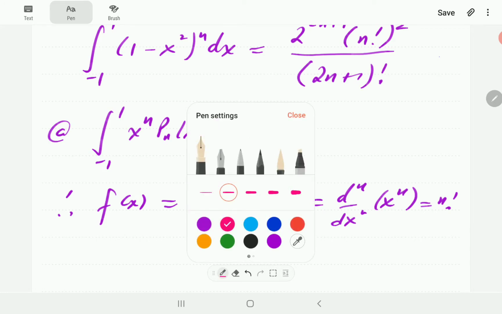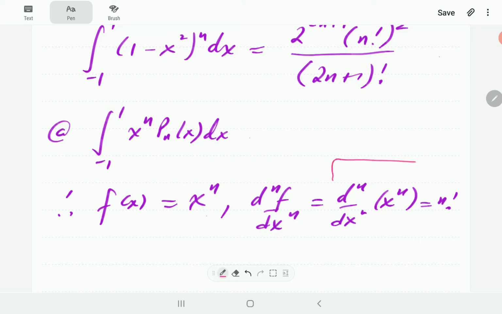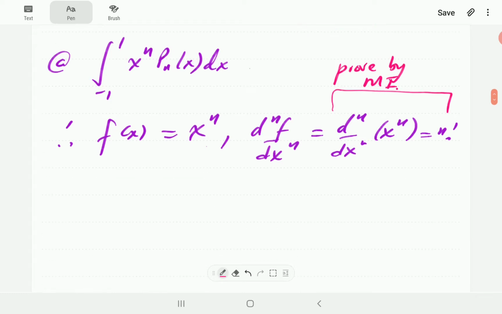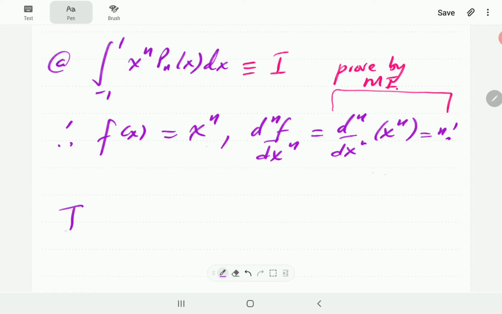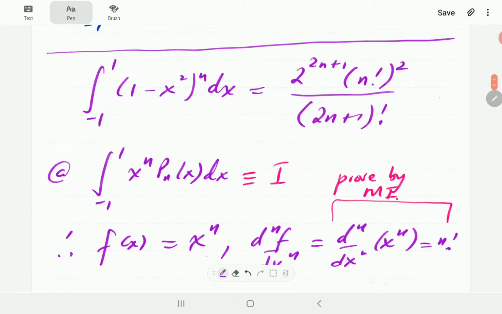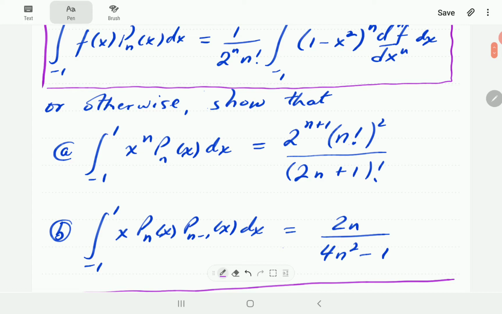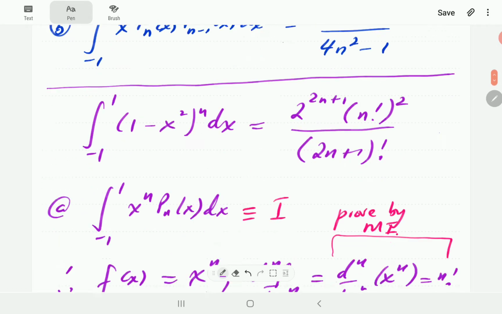A good practice would be for you to make sure that you can prove this by mathematical induction. So prove that the derivative of x to the power n, if you differentiate that n times, you get n factorial.